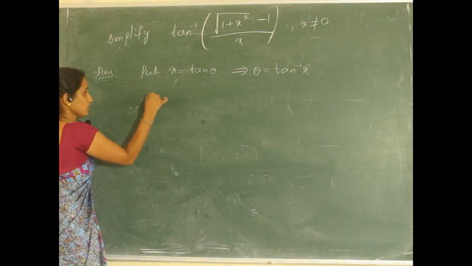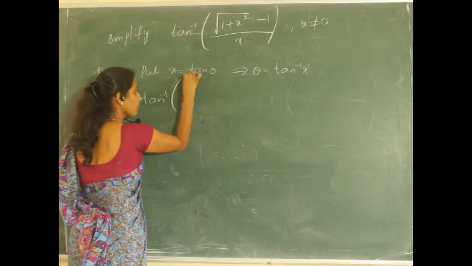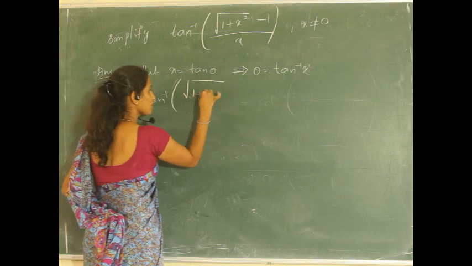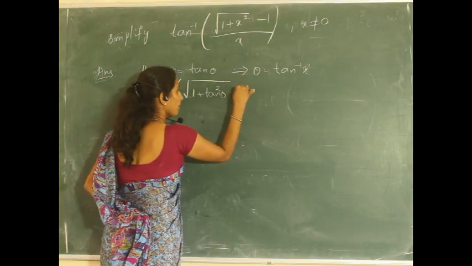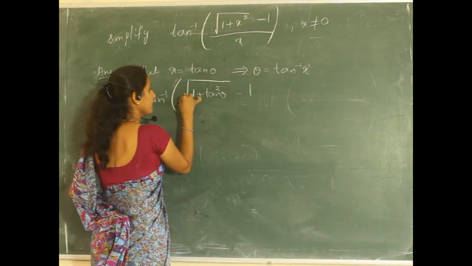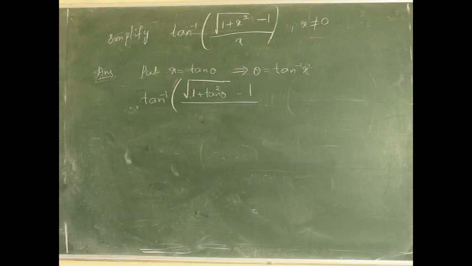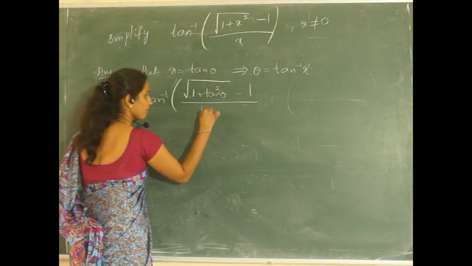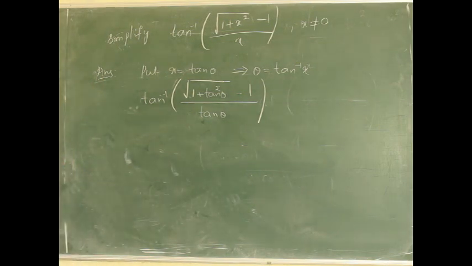Now tan inverse of root of 1 plus tan square theta minus 1 divided by tan theta.